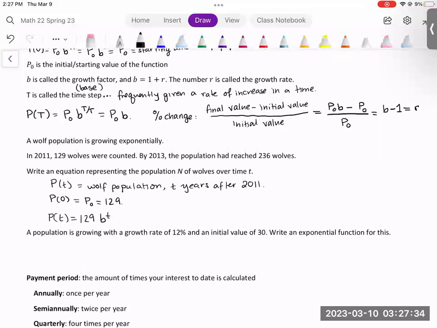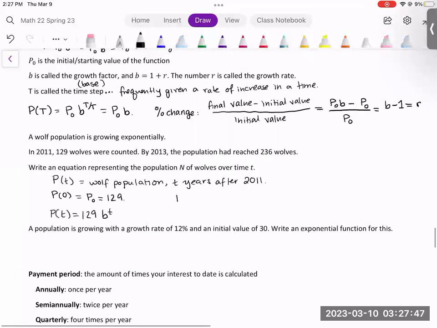Our goal is to figure out what this base b is. So we know that 2 years after 2011, in 2013, P of 2 is equal to 236.